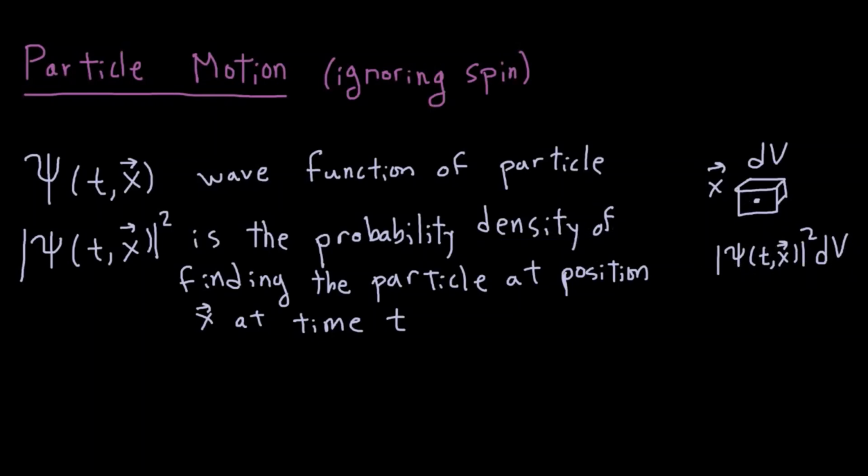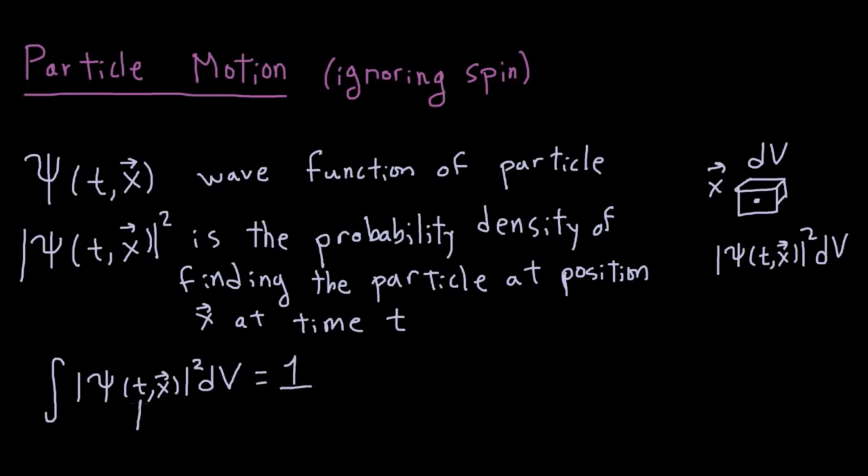Okay. So in particular, that means that if you integrate the absolute value of psi of t and x squared over all of space, so you're doing a volume integral over all position variables x, this should be equal to 1.